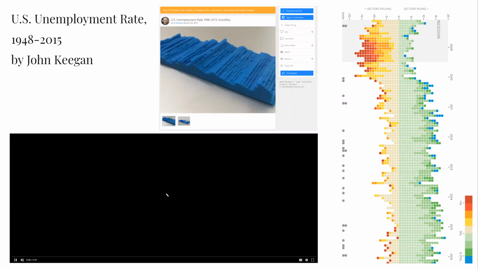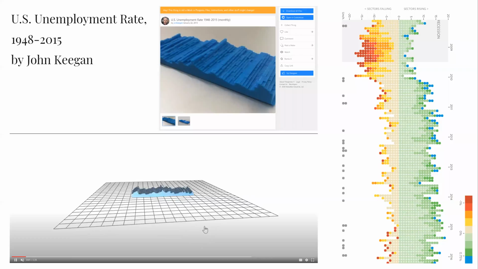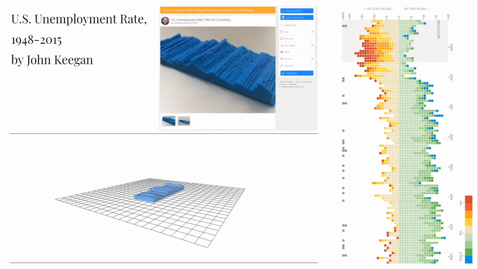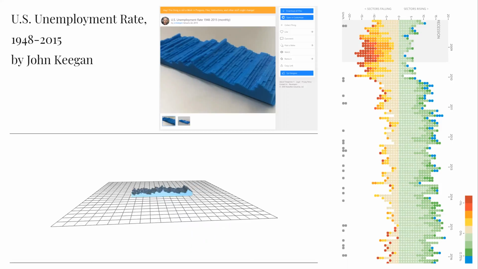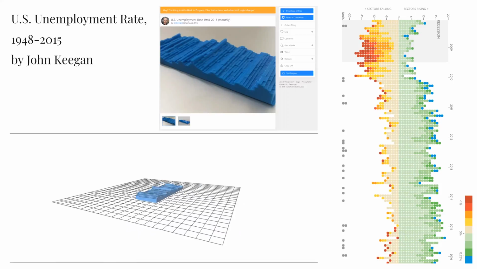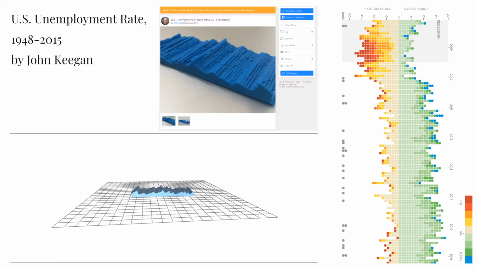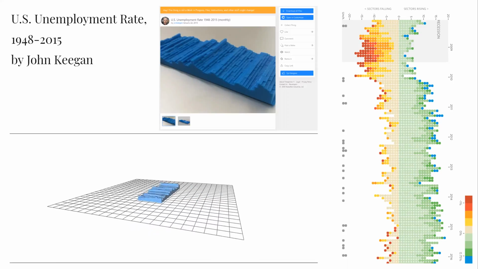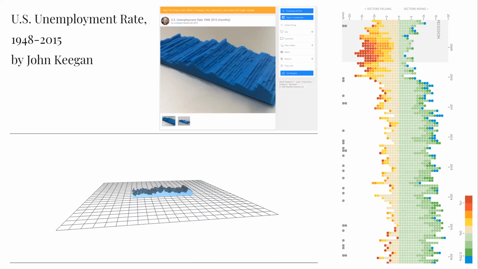This is the US unemployment rate from 1948 to 2015 by John Keegan. He was a journalist for the Wall Street Journal, and he came across this data map that was published in the Wall Street Journal when he was working there. Then he transitioned to not only being a journalist, but a data visualization journalist.